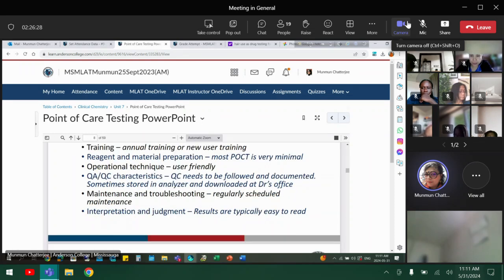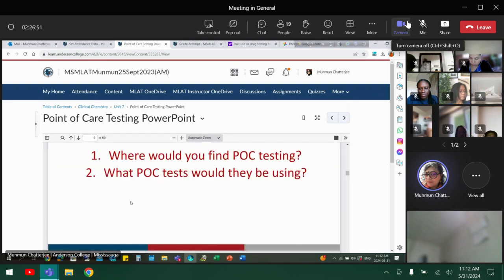Operational technique is very user friendly. QC needs to be followed and documented. Sometimes these analyzers are downloaded and stay in the doctor's office. Regularly scheduled maintenance. Interpretation and judgment of results are typically easy because it's coming from your handheld analyzer.